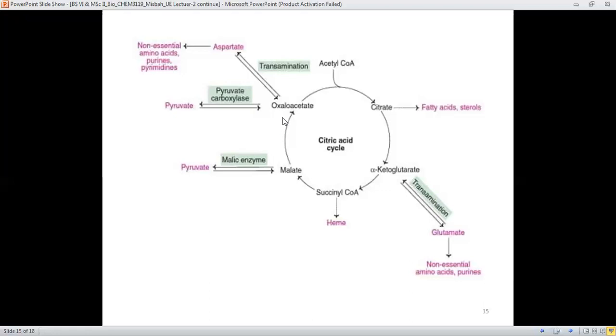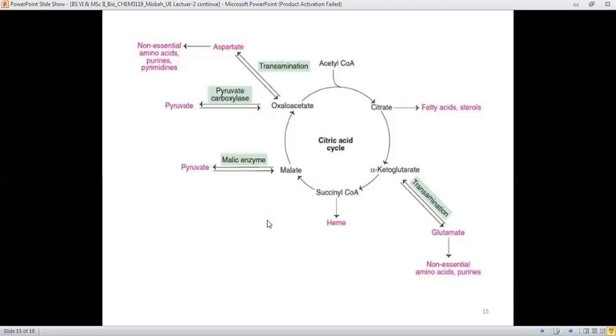And oxaloacetate leaves as aspartate for the synthesis of amino acids, purines and pyrimidines, and it's converted back to oxaloacetate. And no doubt oxaloacetate can also be synthesized from the pyruvate. Similarly, all these reactions are very important.